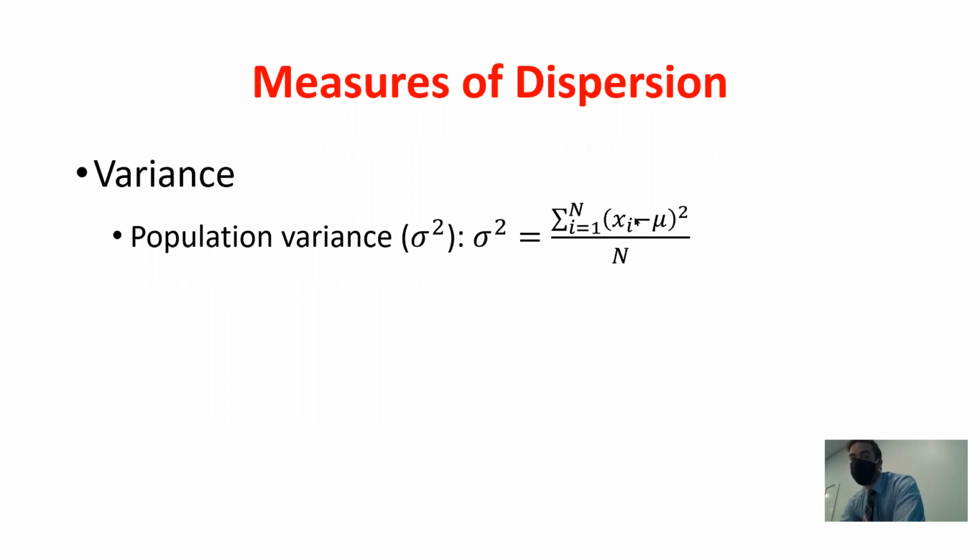Once we find that deviation from the mean, we'll square it, write that number down, go to the next observation. So for the second observation, take that value, subtract the mean, and then square that. Continue to do this for every observation until we get to capital N, which represents the total number of observations in a population data set. So we'll keep doing this process until we get to the very last observation.